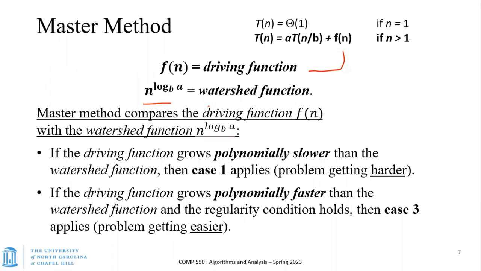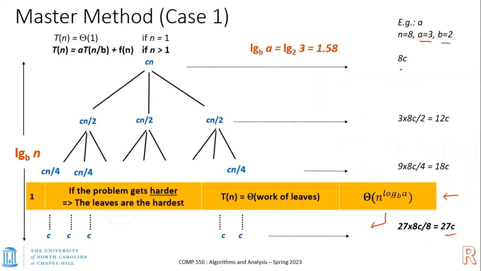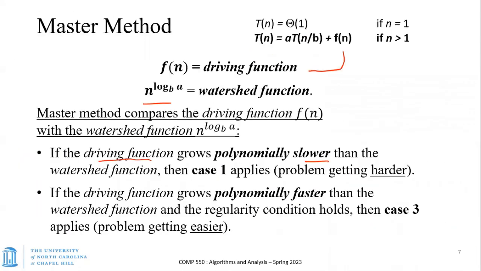So if the driving function f of n grows slower than the watershed function, then the first case applies. If the driving function is slower, then essentially the problem is getting harder, and so we're not really using the driving function in order to drive the result. And that's the first case.